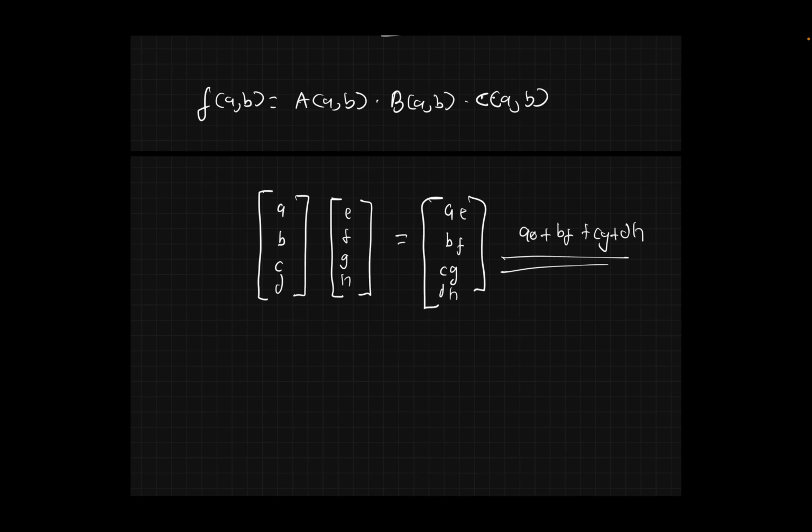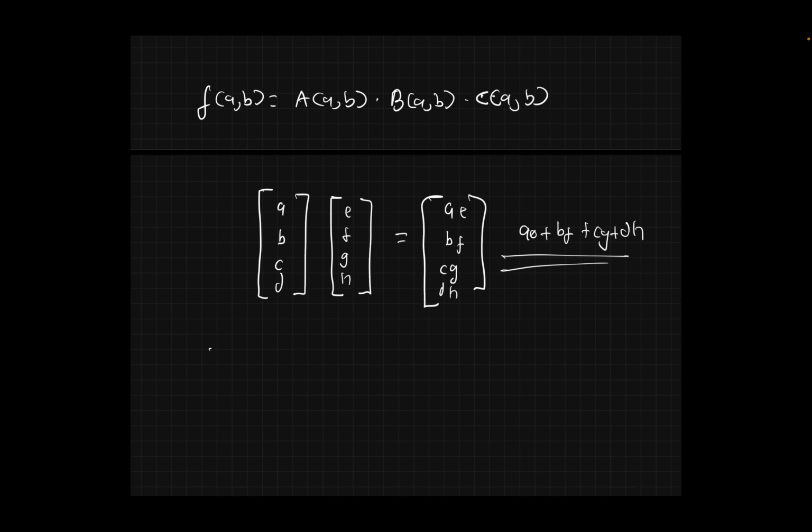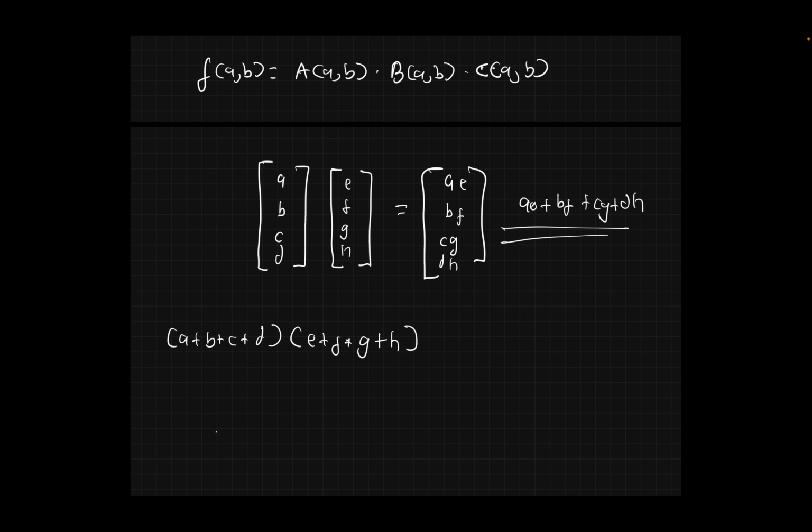This is my claim sum. Now what you're suggesting is you add first. So that will be A plus B plus C plus D, times E plus F plus G plus H. Then you multiply. That will be AE plus AF plus AG plus AH plus BE plus BF plus BG plus... You see, it's not.